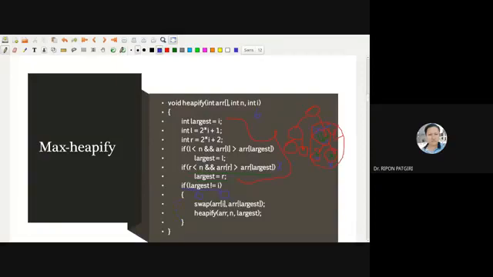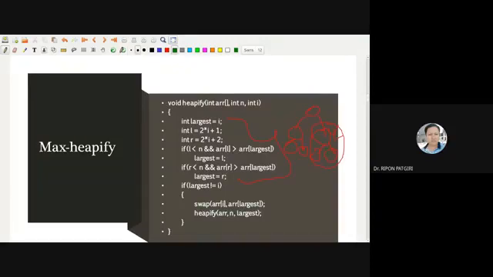Now, going to your question. Suppose swapping has been done first, because we have to swap first.